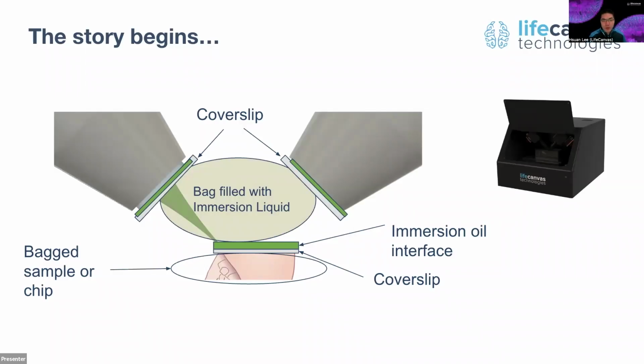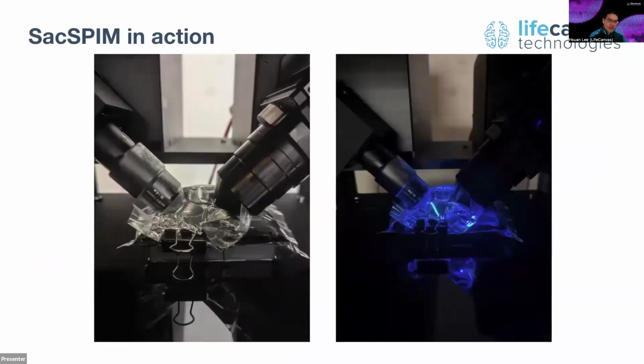When I first saw this idea, it was very exciting; it could resolve the issues we had and also increase the capability of our microscope. During my vacation, Brian and Nick put this idea into reality, and at the time we called it the SackSpin. They basically put this big bag of immersion oil with a clip around it to make sure it's not moving with the samples.